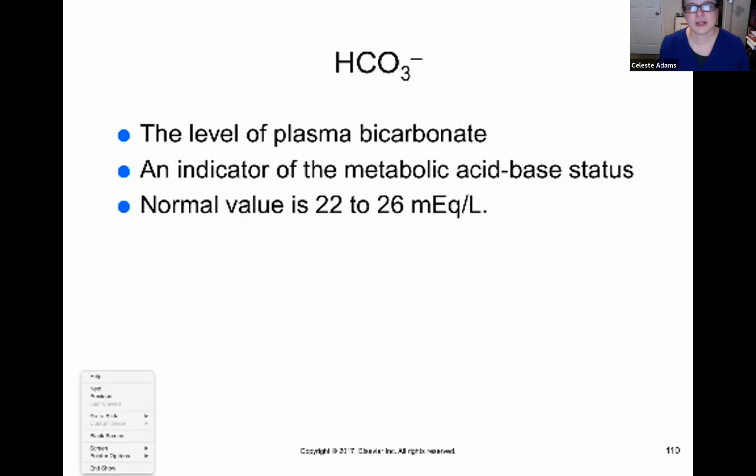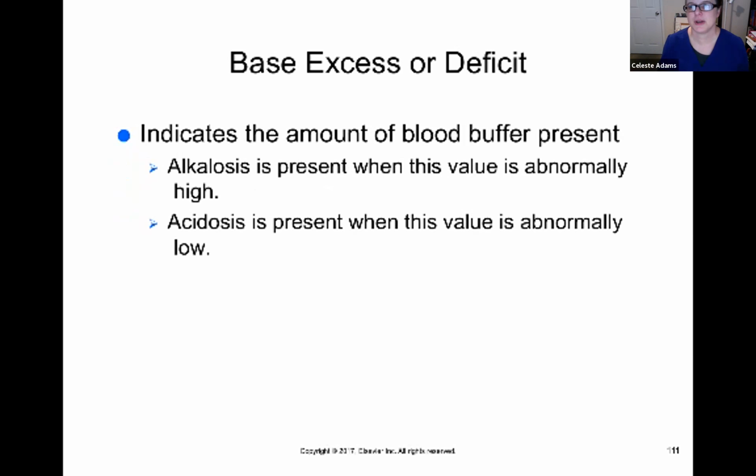Like I said, we're going to go through problems, and I'm going to show y'all a good way to solve acid-base, how to solve ABGs. Base excess or deficit indicates the amount of blood buffer present. So base, or your bicarb, is either in excess or in deficit.